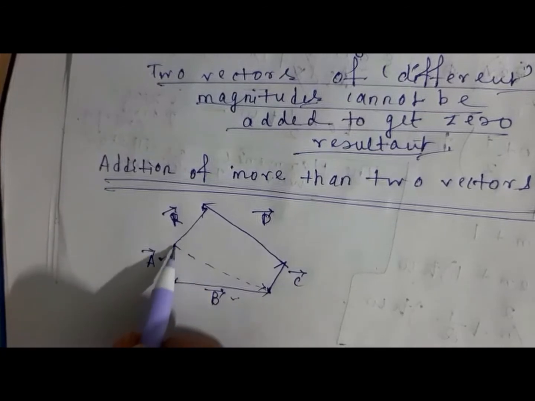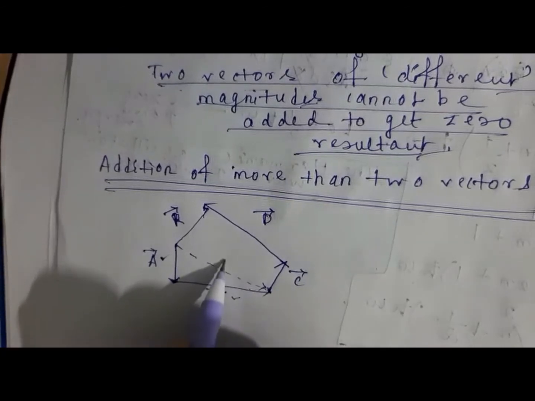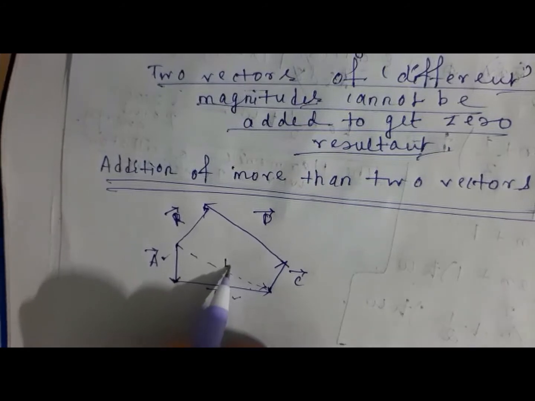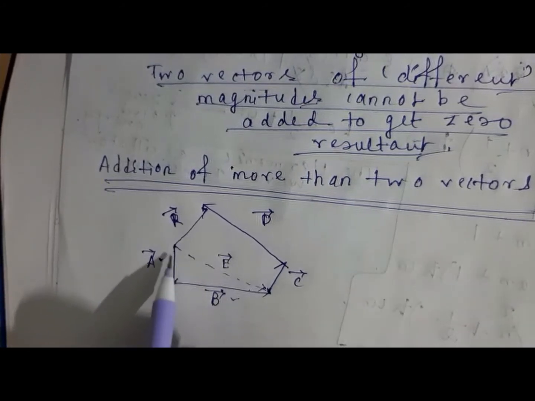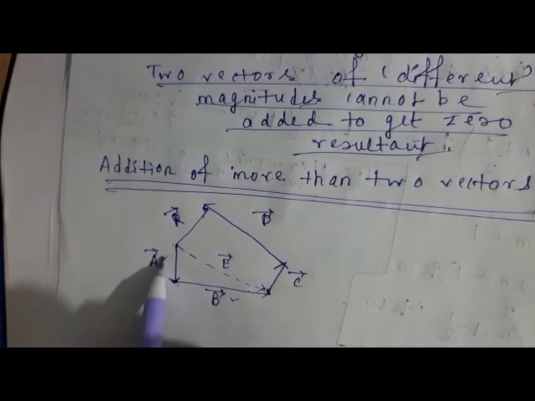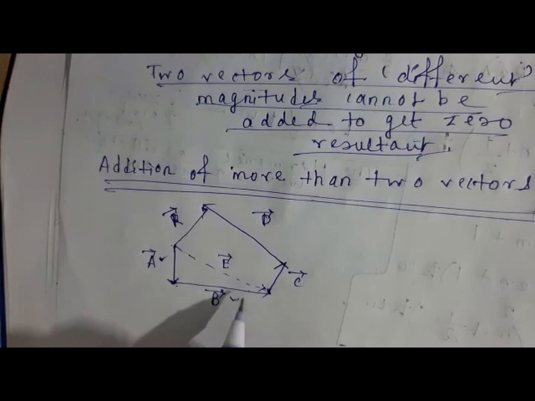Okay, so if you give this, name it something, you name it E vector. Now you find this resultant. As you are only considering A vector and B vector, your resultant vector is E vector.